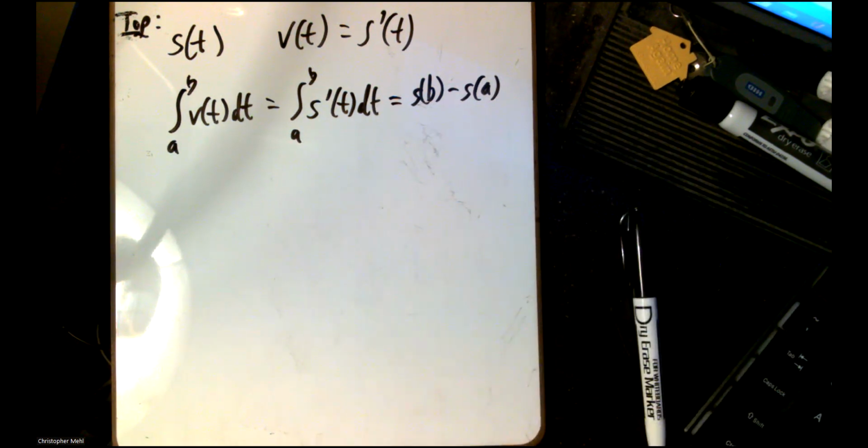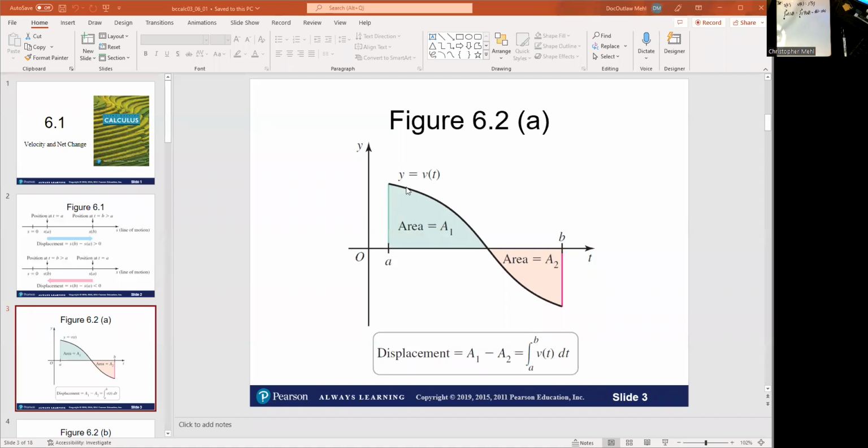Okay, and that's our displacement. So we see that the definite integral from a to b of v of t dt is the displacement. It is the change in position between times t equals a and t equals b. Or equivalently, geometrically, if I look at the graph of the velocity function, y equals v of t, the velocity as a function of time, then that displacement is simply the area underneath the velocity curve.